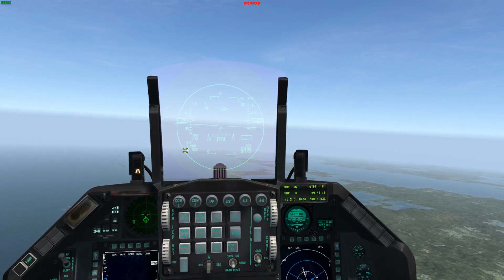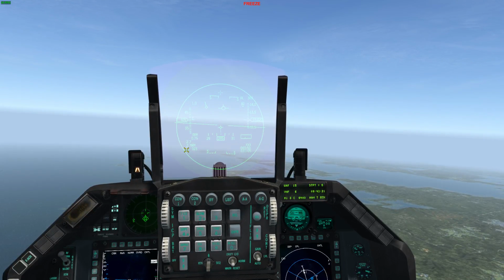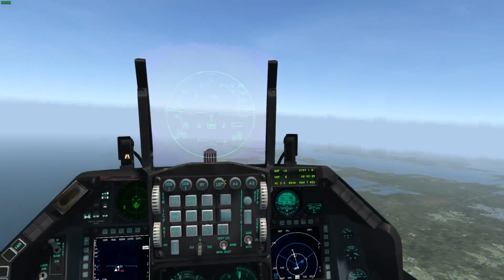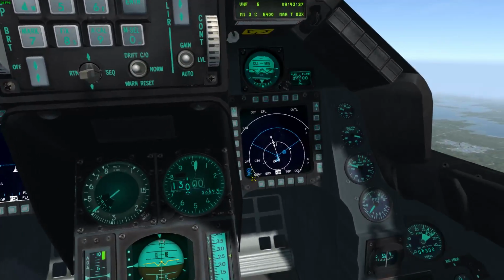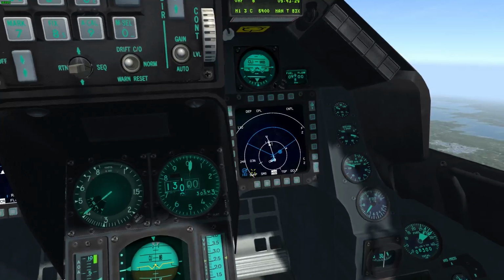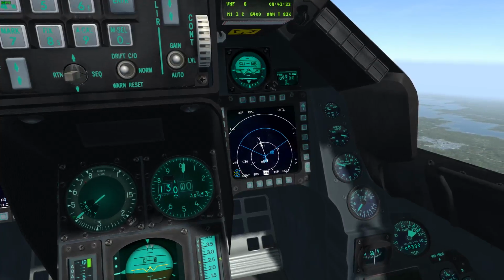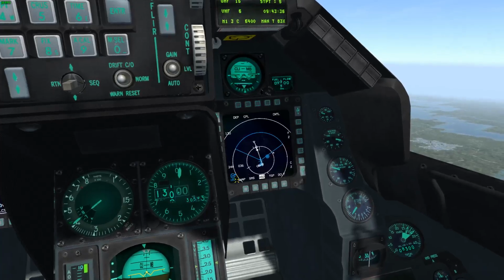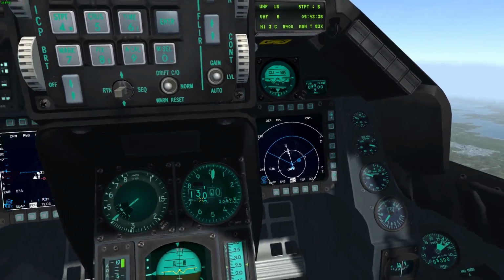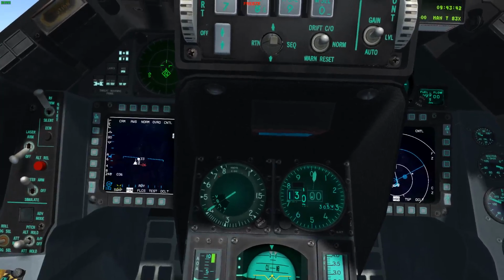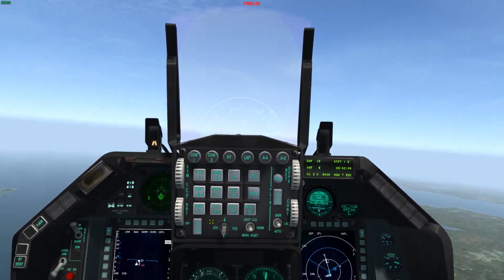So I'm bearing 182 from the bullseye, 23 nautical miles. That's also in the bottom left-hand corner of both of your MFDs right here. The top number is your distance, and the bottom number is your bearing, and the same thing is over here on your left MFD, and this is in air-to-air mode, by the way.